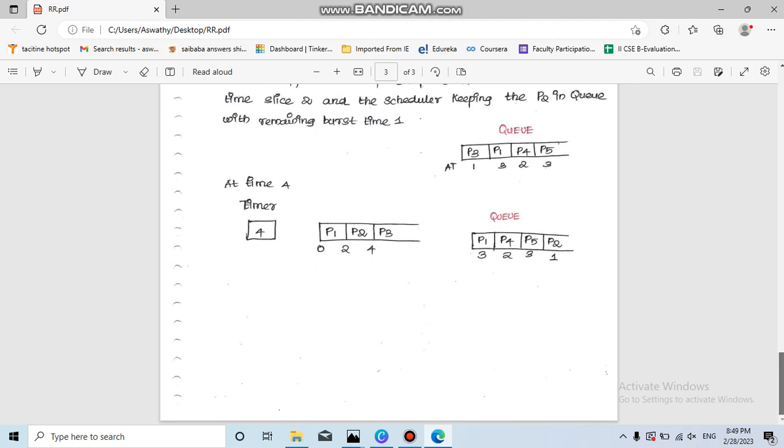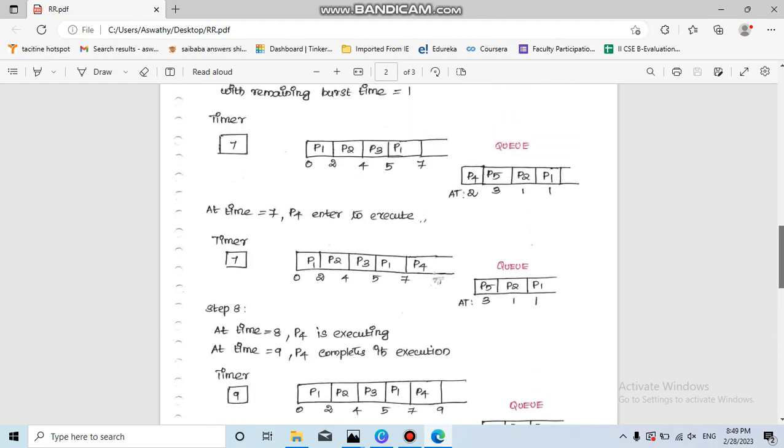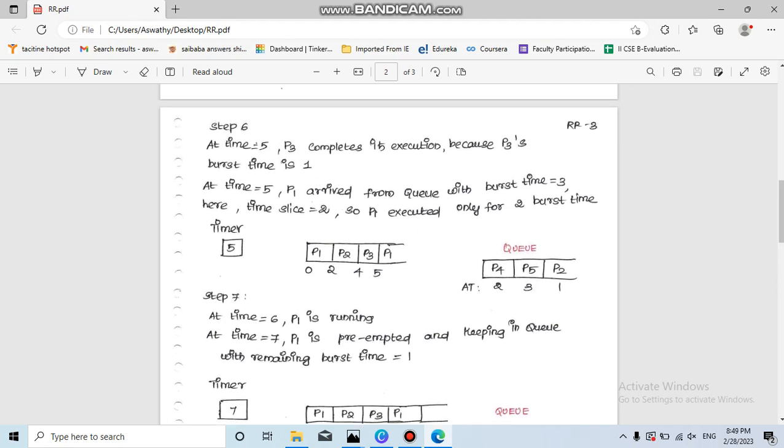P3 gets to run first, because P3 is holding only 1 burst time. So from 4 to 5, P3's burst time is only 1.